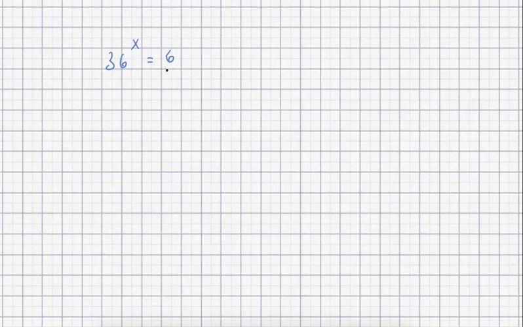We need to find the same base. So it means we need to see 6 to the power of something equals 6 to the power of something. So let's say here you had 6 to the power of A and 6 to the power of C. If you have the same base, which is 6, it means that A equals C.